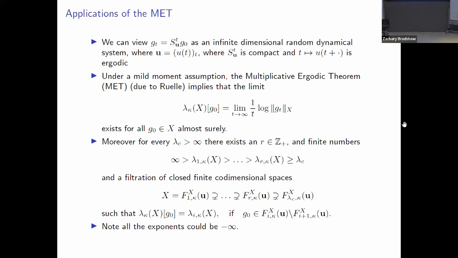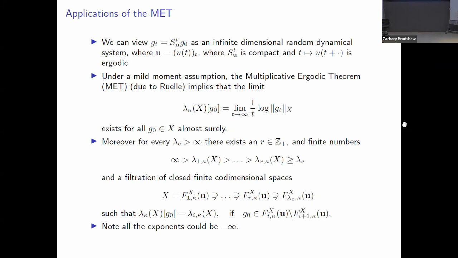It depends on the entire path, the entire history of U, at least up to time t. So I call it boldface U, the path. And this semigroup, or something like a semigroup, is a compact operator. I'm going to assume that the evolution of the velocity field in the settings we've been considering, if I move it forward in time, is an ergodic evolution. So there's some measure that it preserves on path space that's ergodic.